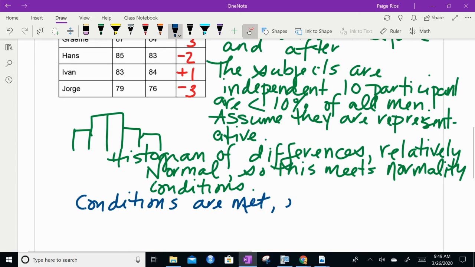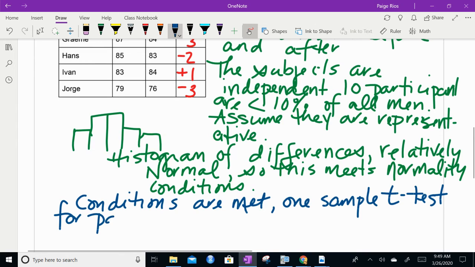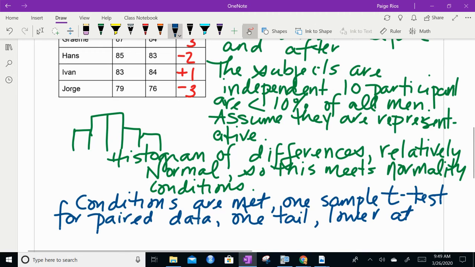We're going to do a 1 sample t-test for paired data, and it's going to be one tail lower, at 9 degrees of freedom.